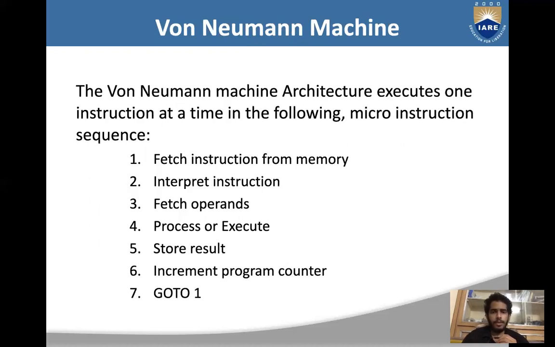It executes one instruction at a time in the following sequence. It fetches the instruction from memory, interprets the instruction, fetches the operands, processes or executes the instruction, stores the result, and then increments the program counter and goes back to step one, repeating until all the instructions are executed.